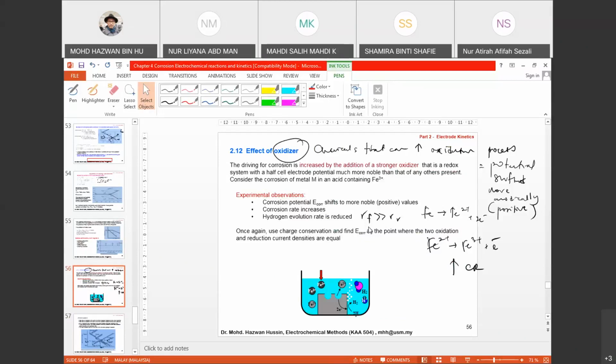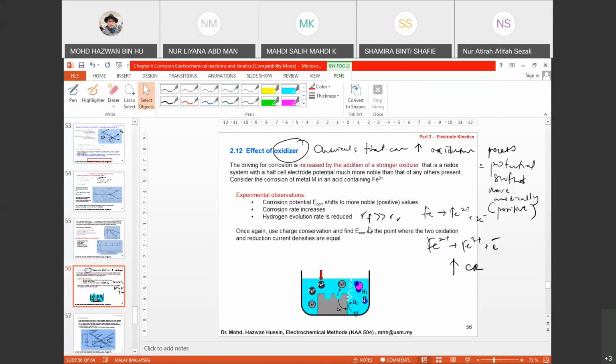All right, I think we have talked about oxidizer earlier. So what does it mean by oxidizer? As I said, the effect of oxidizer means a chemical that is added to the electrolyte. Oxidizer is a chemical that can increase the oxidation process.